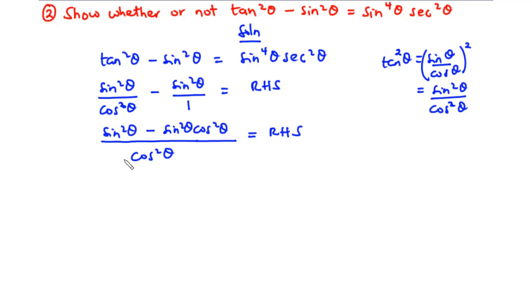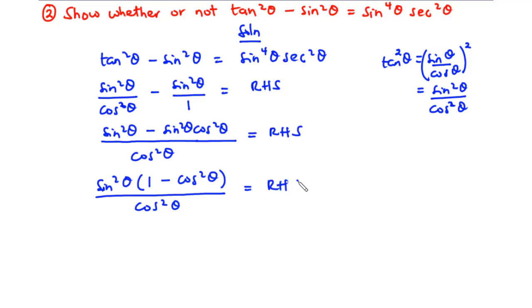At this point, we can factor out sin squared theta at the numerator because it's common to both terms. So we have sin squared theta out, and then 1 minus cos squared theta all divided by cos squared theta equals the expression we have on the right hand side.